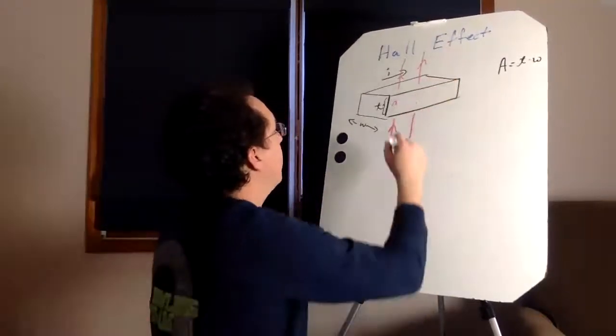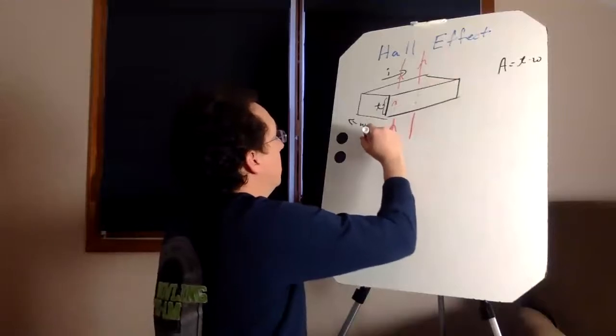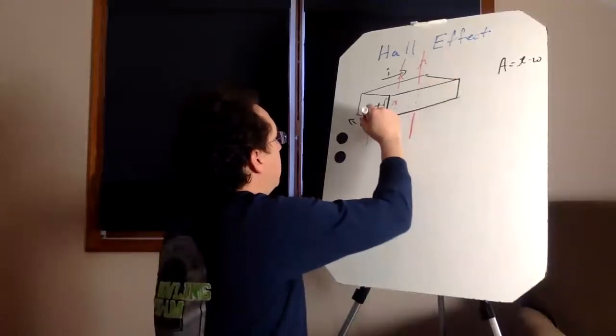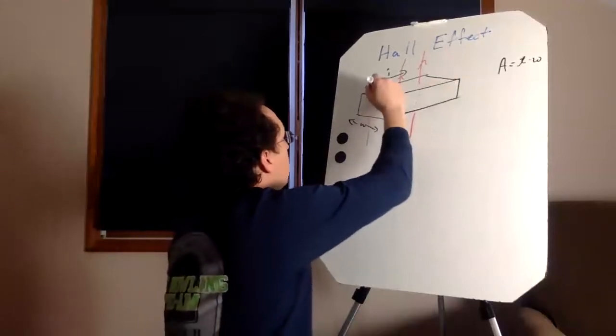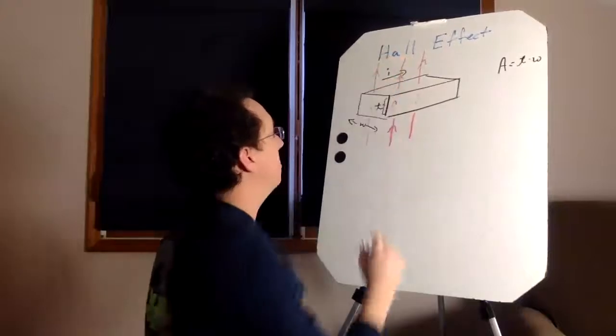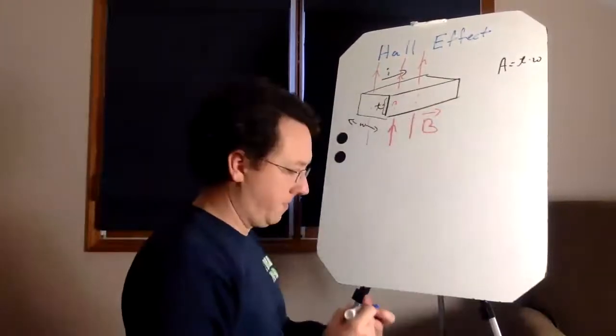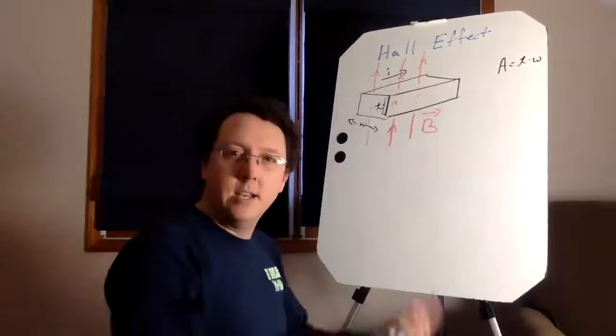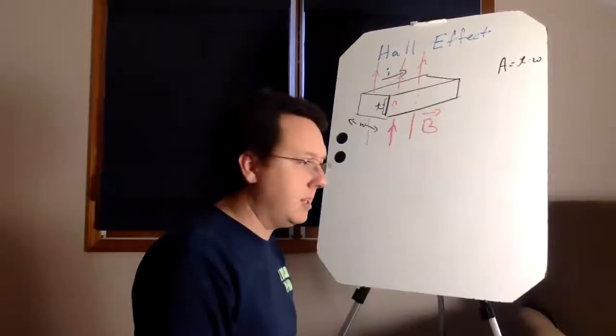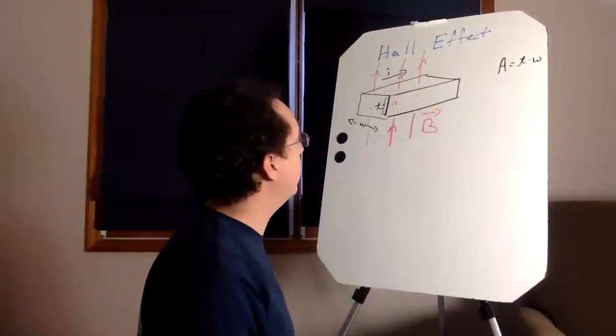Okay, so we're going to have a magnetic field which threads through the body of the gum like that. This is my magnetic field. All right. So that's the basic underlying idea of this.